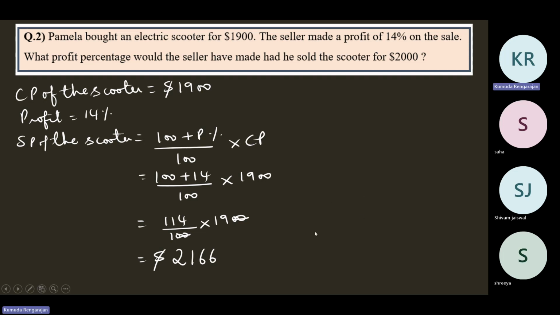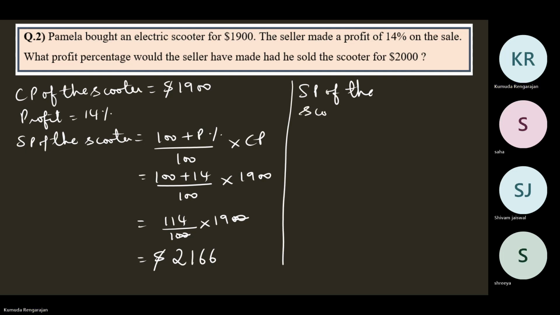Now, what profit percentage would the seller have made had he sold the scooter for $2,000? So now this is a different situation. SP of the scooter, because it's given sold the scooter for $2,000. But what is the CP of the scooter? 1,900.